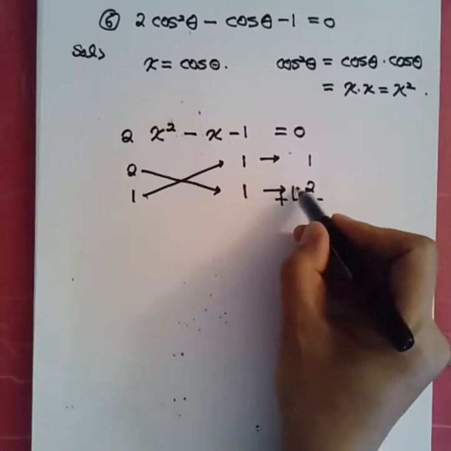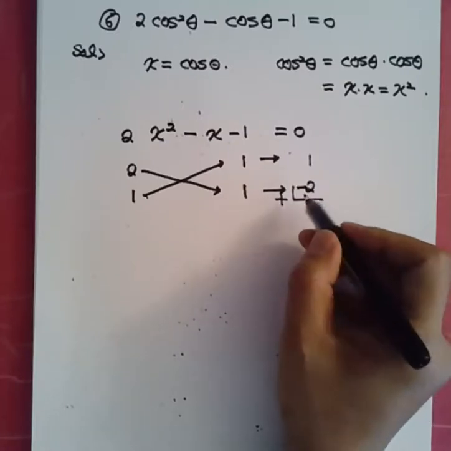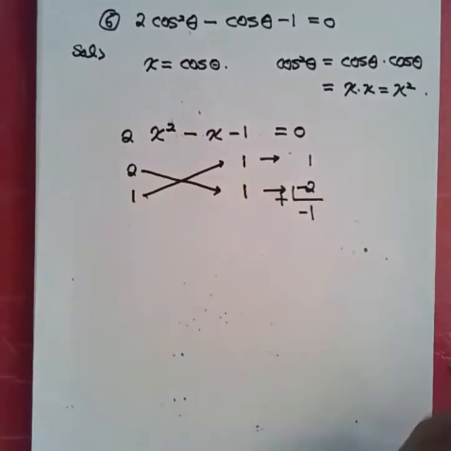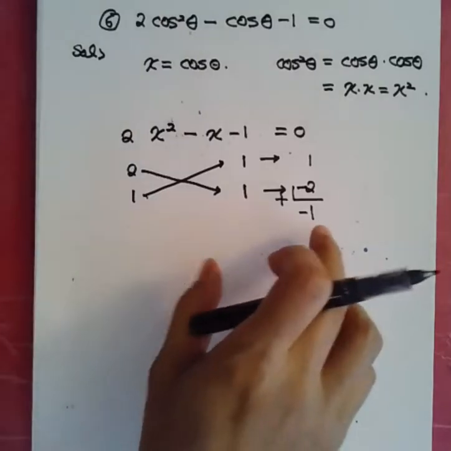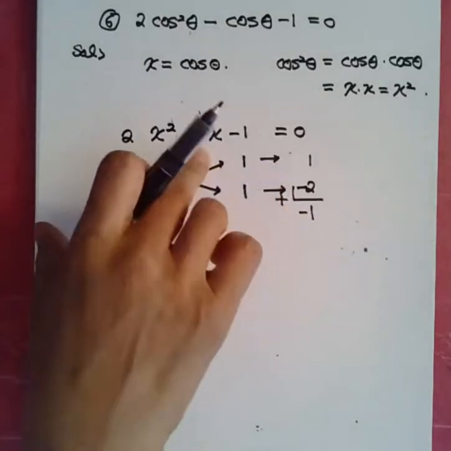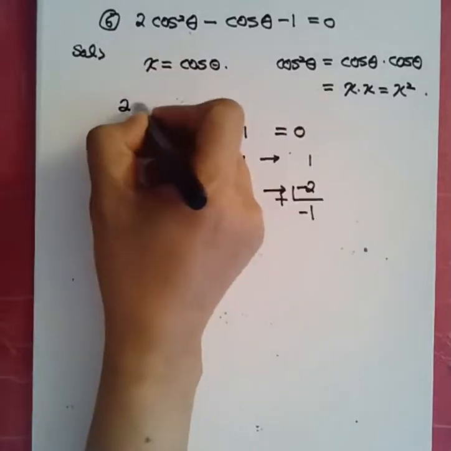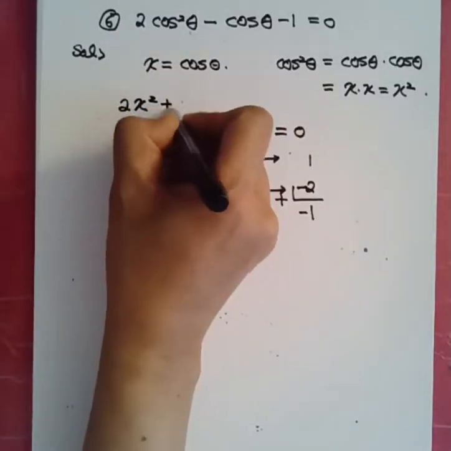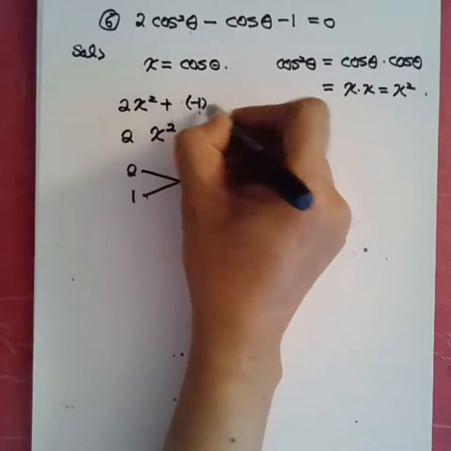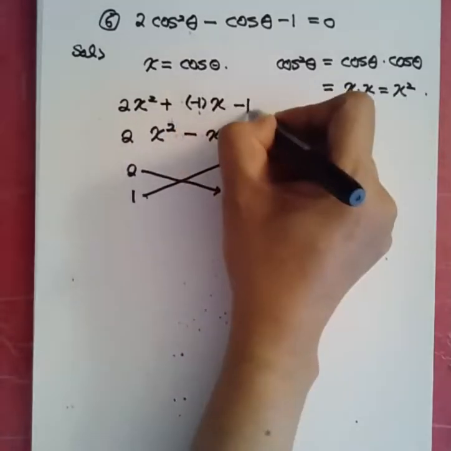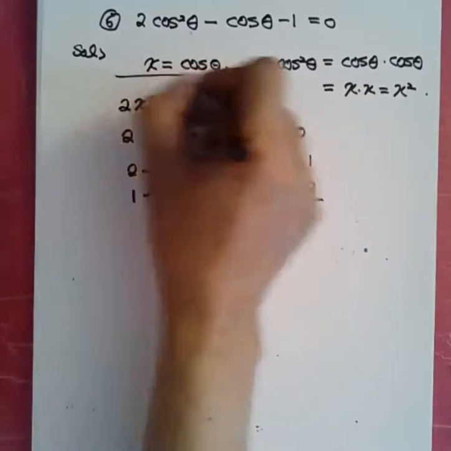If we put the negative sign on 2, then when we add vertically, that will become minus 1. So our purpose is to make the number right in front of x. This equation can be rewritten as 2x plus 1 times x minus 1 equals 0.